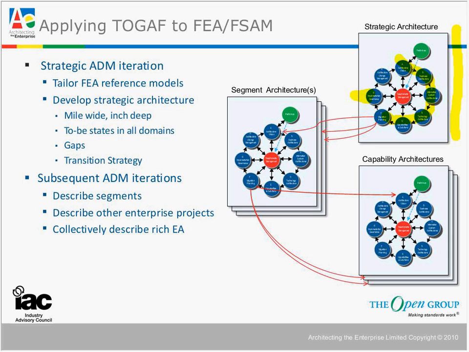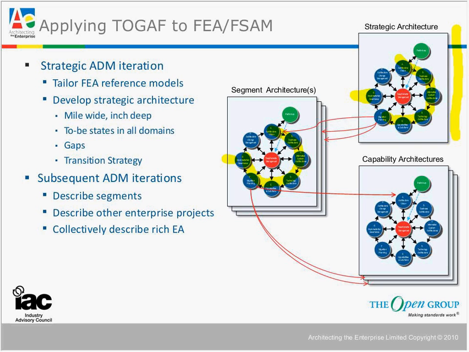If, let's say, I worked for a while in the Department of Education, student loan, the most important segment for us was the loan segment. So having a strategic architecture done would go into the architecture to describe that segment.